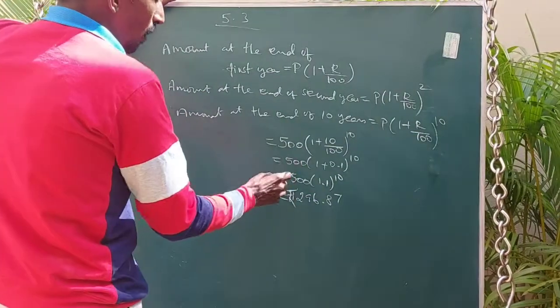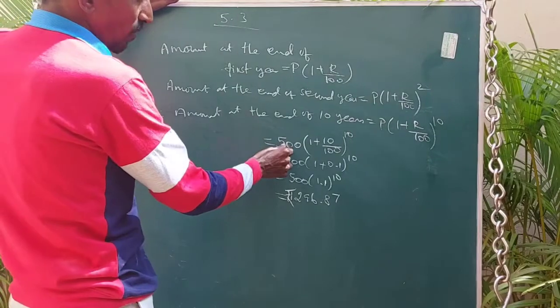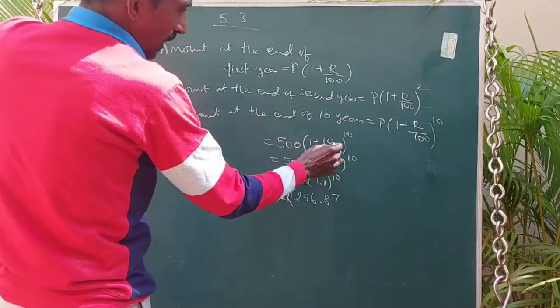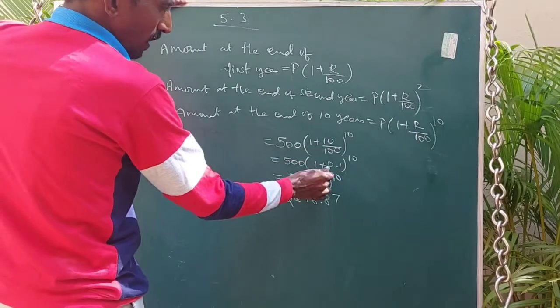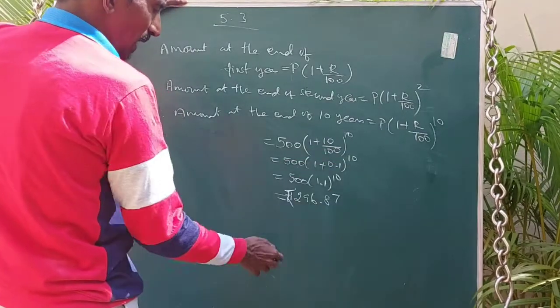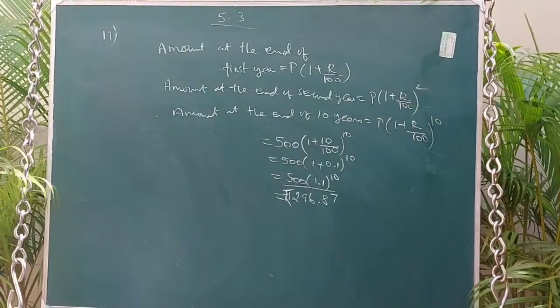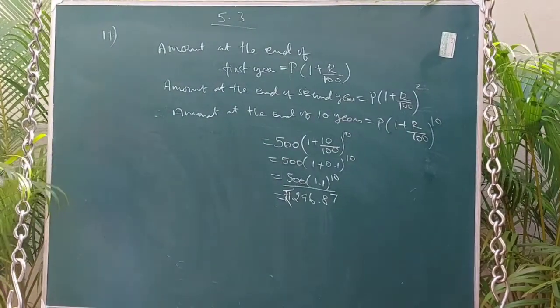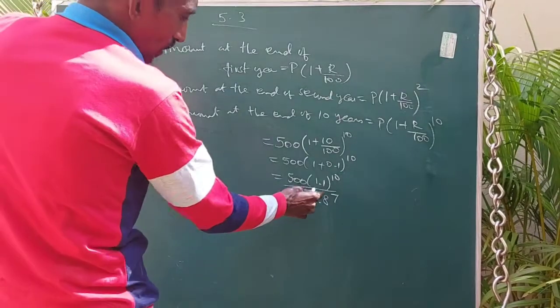Remember, simple: n means whole power n. So P is 500 and R equal to 10. So 10 by 100 is 0.1, so 1 plus 0.1 is 1.1, the whole power 10. To find this answer, compute 500 into 1.1 the whole power 10. Whatever the method, you can use it to find the answer.